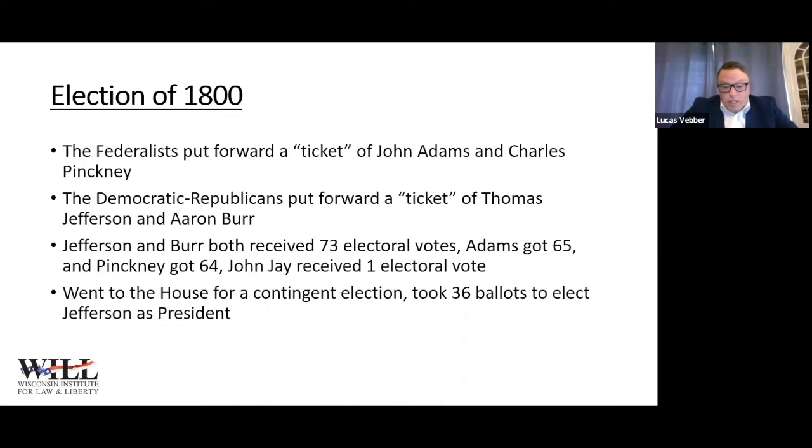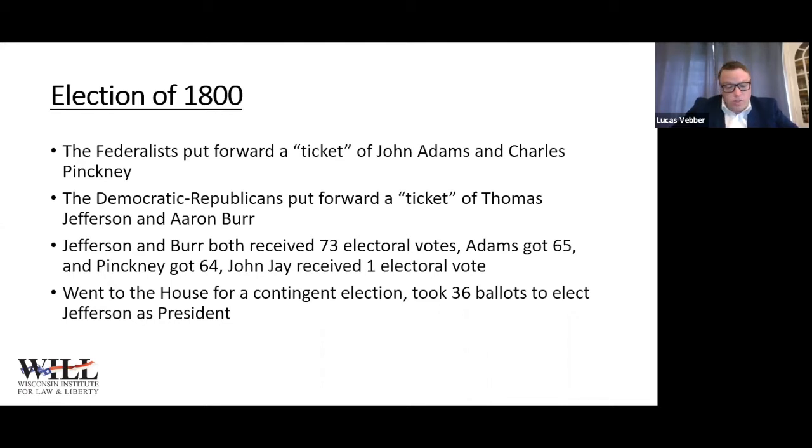The Democratic Republicans put forward a ticket of Thomas Jefferson and Aaron Burr. Jefferson and Burr, however, won the overall election, but they both received 73 electoral votes, whereas Adams got 65 and Pinckney got 64. John Jay received the 1 electoral vote from the elector who didn't vote for Pinckney, in their attempt to make him vice president.